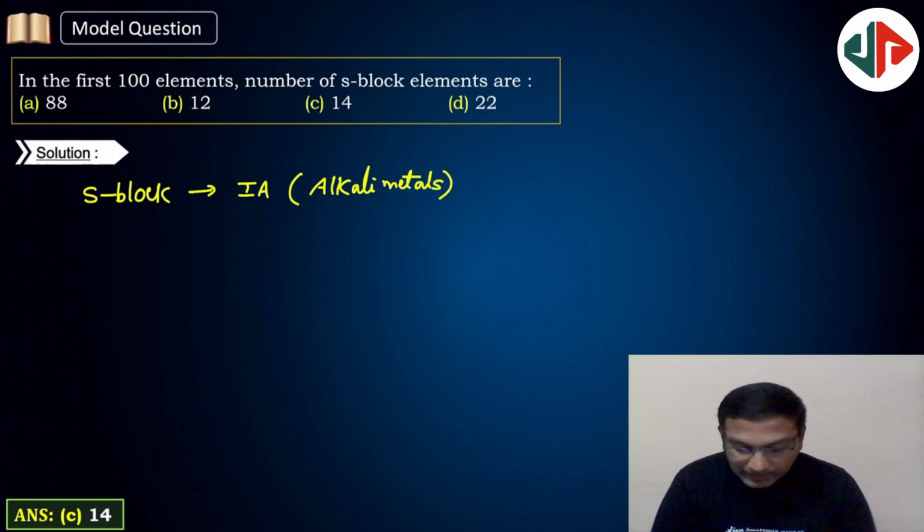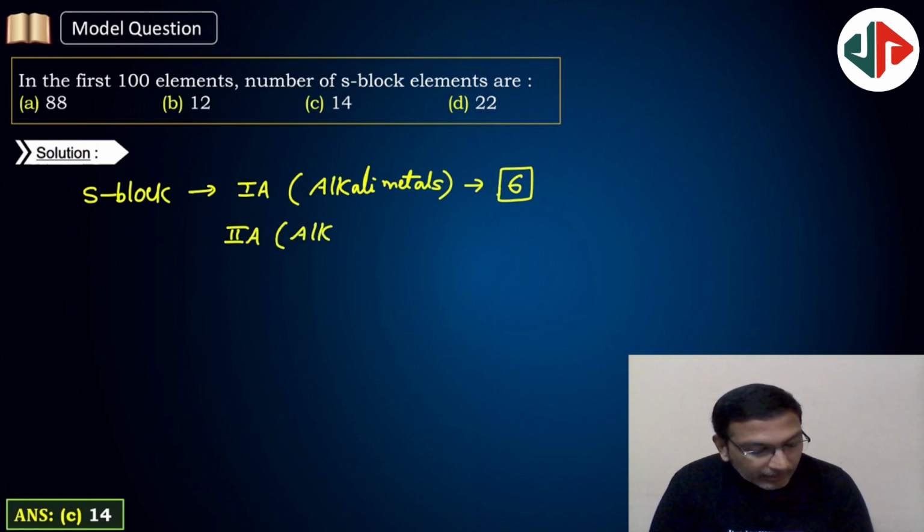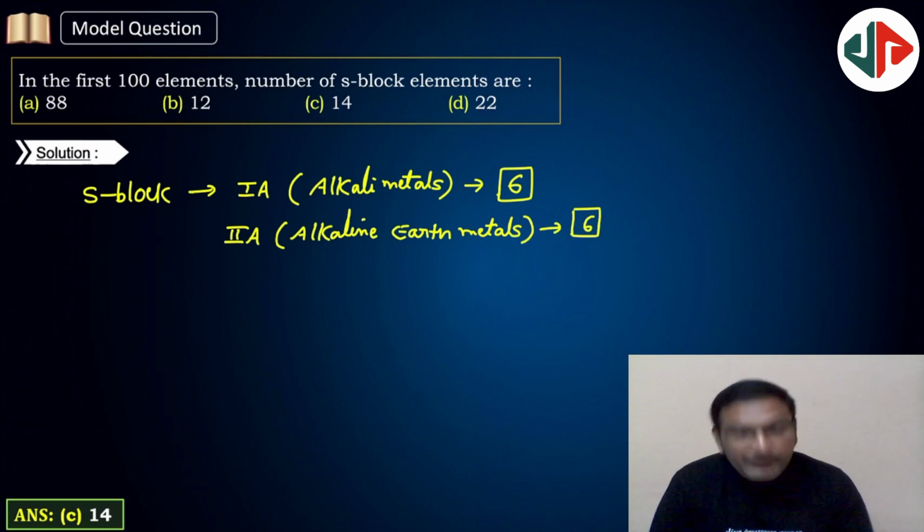So for alkali metals there will be 6 elements. 2A, alkaline earth metals, here it will be 6 elements.